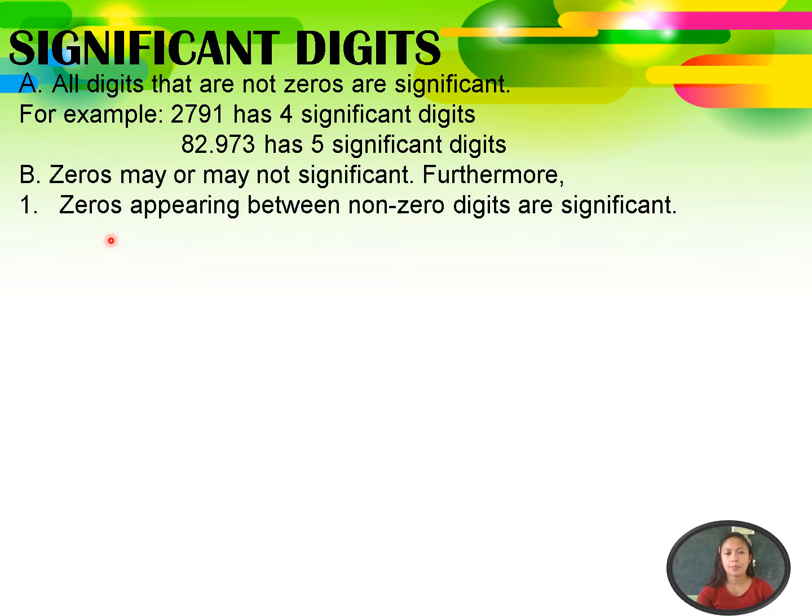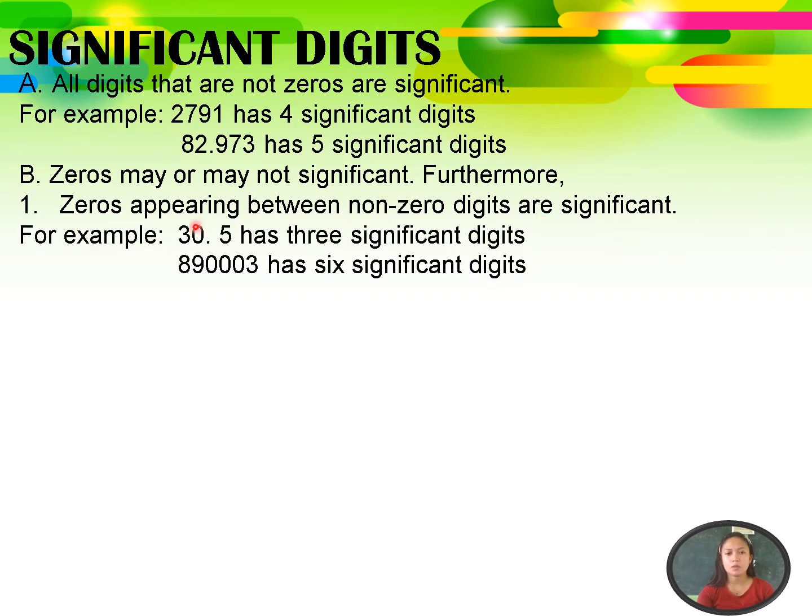Second, zeros may or may not be significant. Furthermore, number 1, zeros appearing between non-zero digits are significant. For example, observe that 0 here, in this example 30.5, is in between 3 and 5.